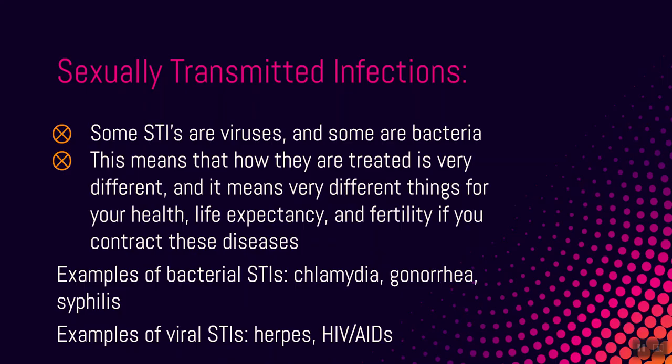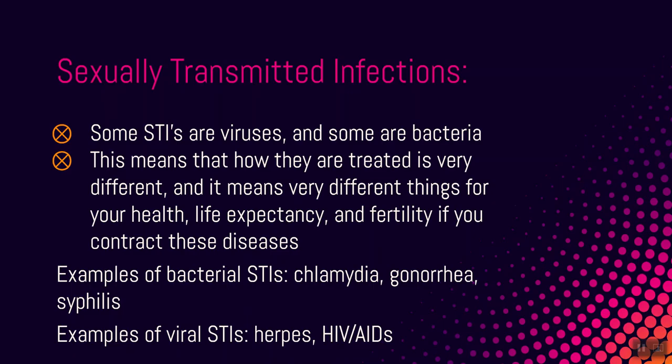Now let's relate this really quickly to sexually transmitted infections, because some STIs are viruses and some are bacteria. Now what that means, based on what we have talked about so far, how you treat them is very different, whether you need a vaccine, whether you need an antibiotic, whether there is any treatment.